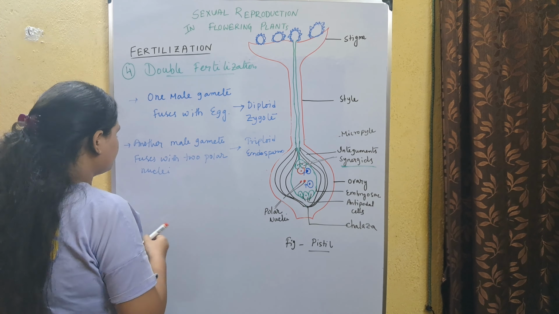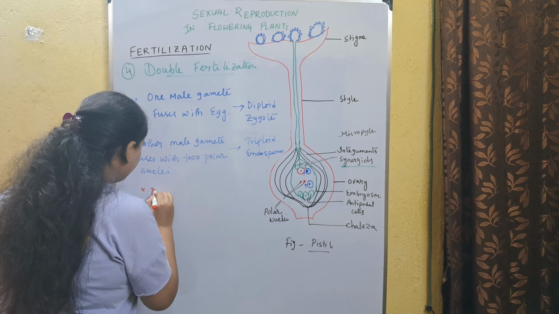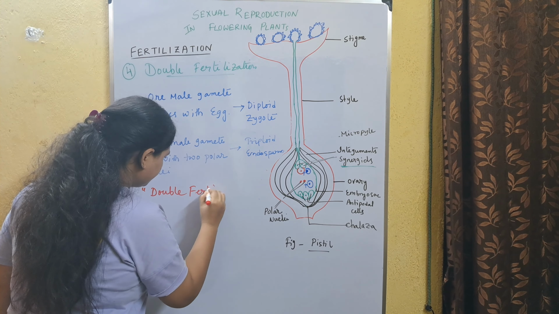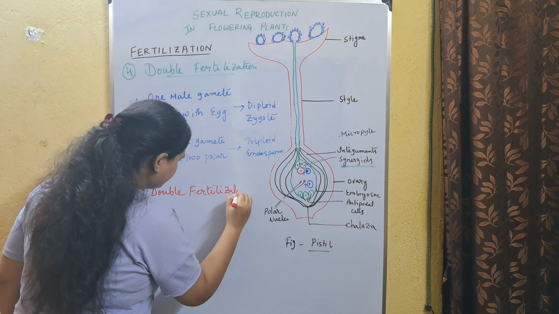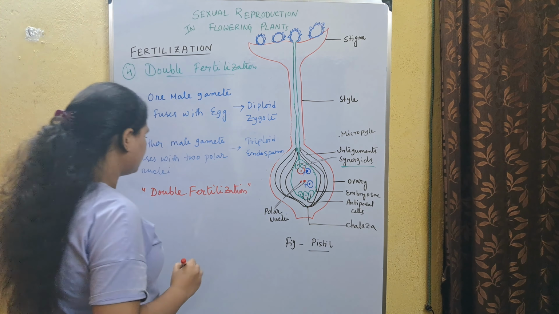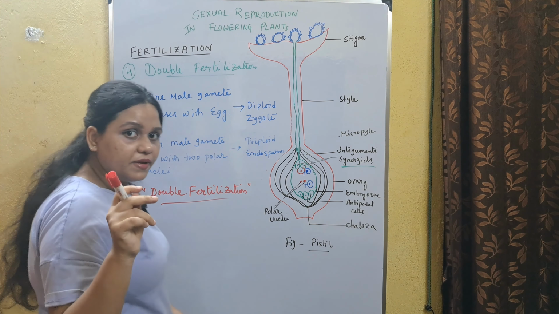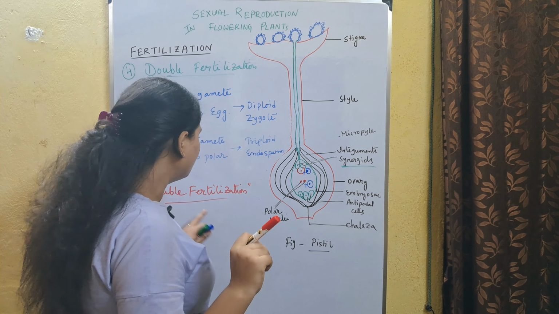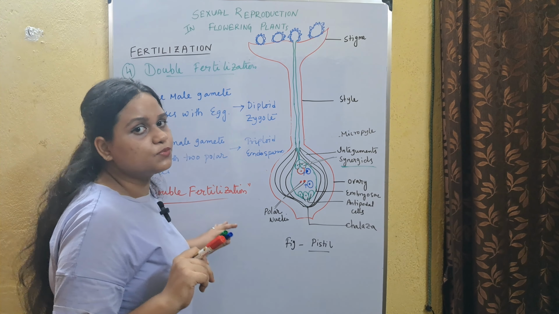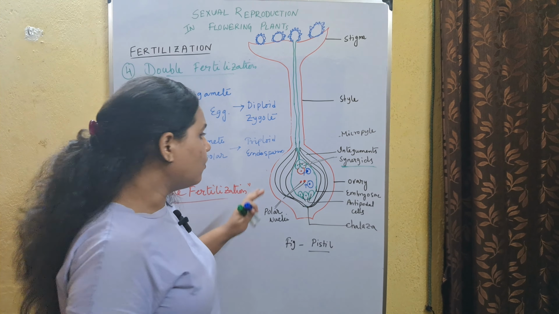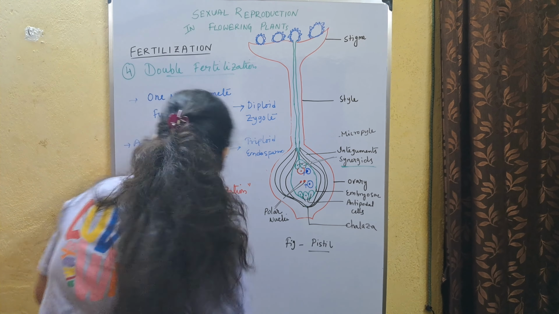That's why this process is known as double fertilization. So let me know in the comment section who is the discoverer of this process. I have already told in the video. So if you have watched the whole video, you may know.